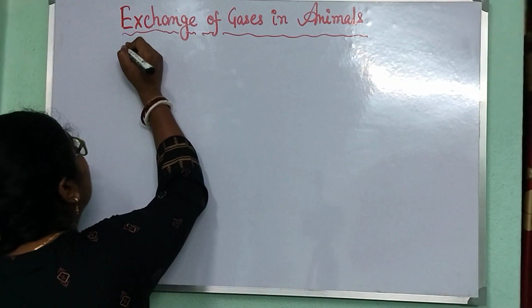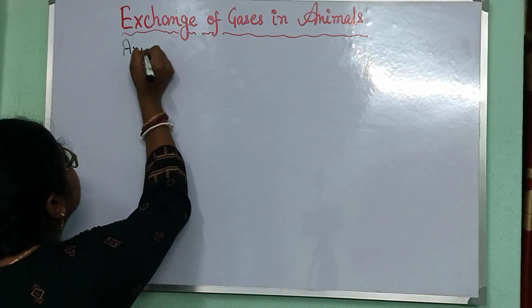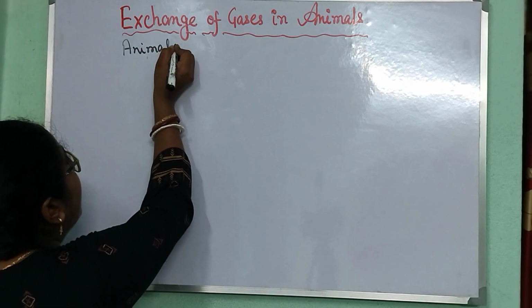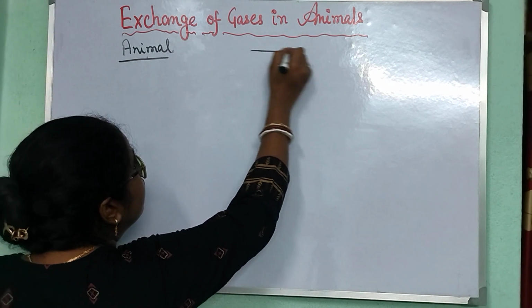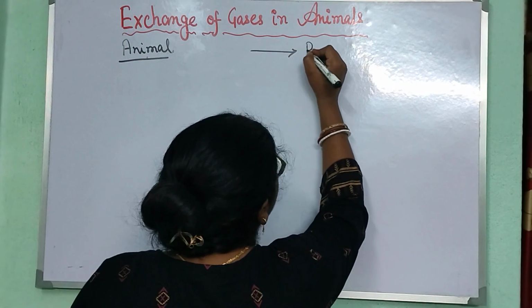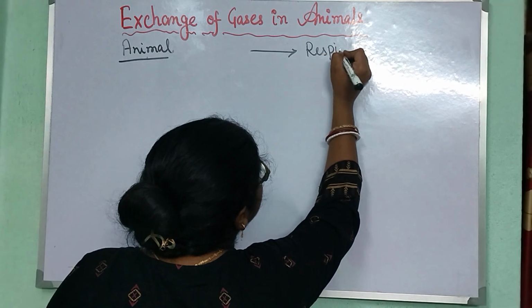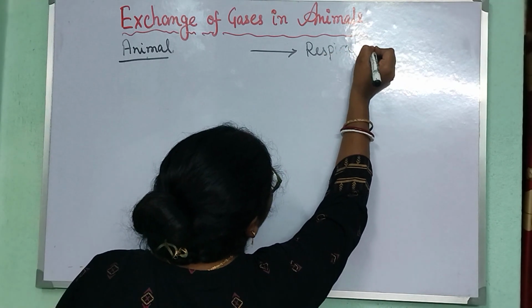So here is the chart. The first column is the animal names along with their respiratory organ.